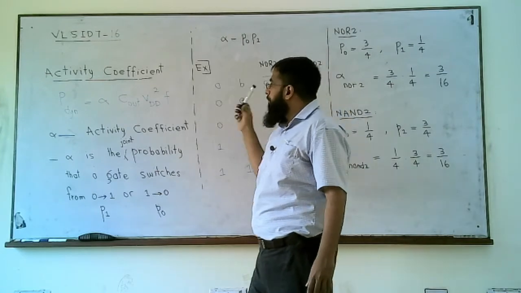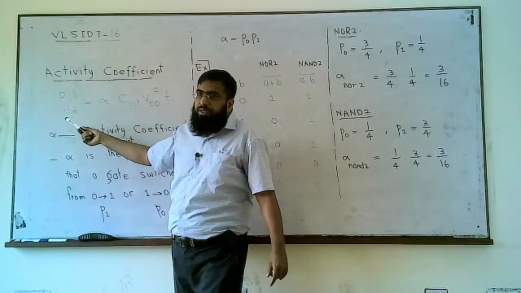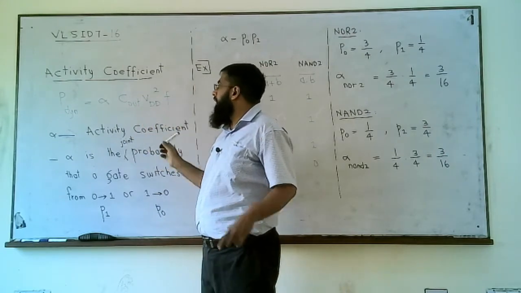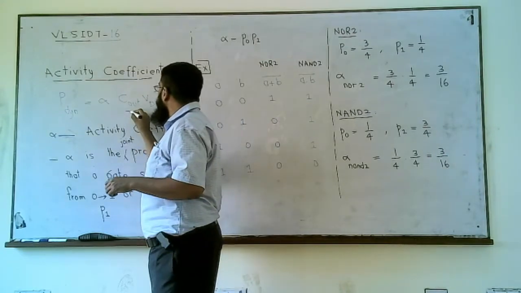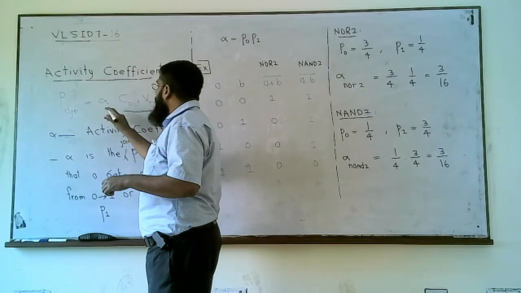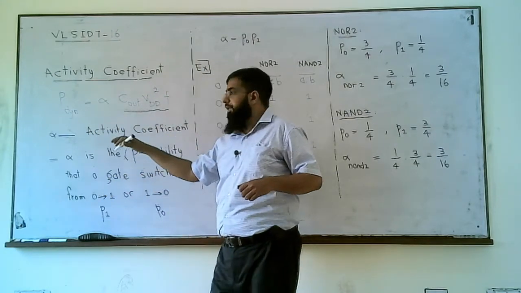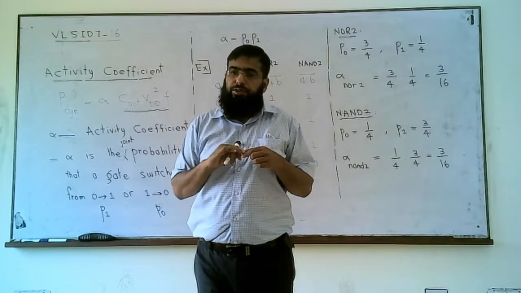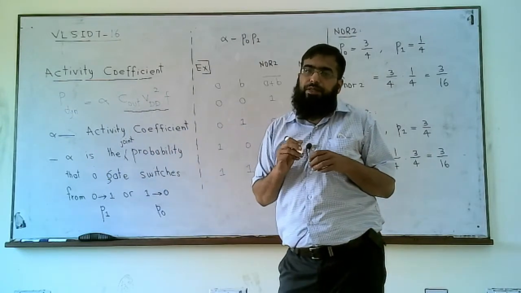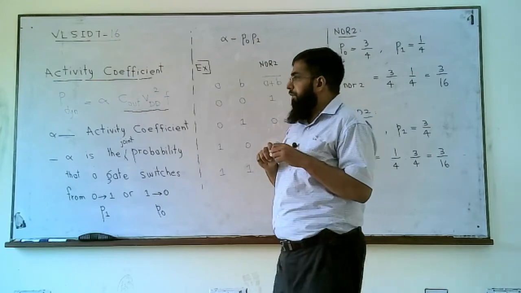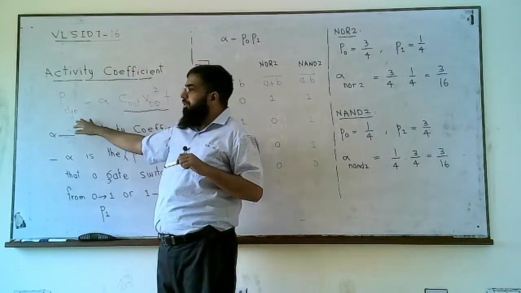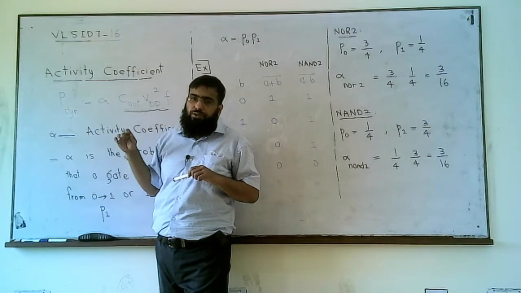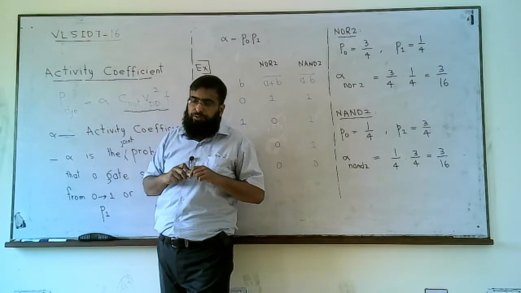Before this, in one of our earlier lectures, we studied that dynamic power is C_out VDD squared times F. A more complete expression for dynamic power is when we multiply this whole thing with alpha. Alpha is the activity coefficient, the probability that a gate switches, and we already know that dynamic power comes into play when a given gate transitions from logic 0 to logic 1 or from logic 1 to logic 0.